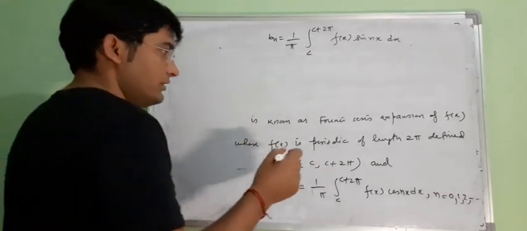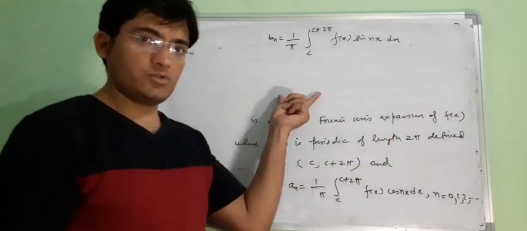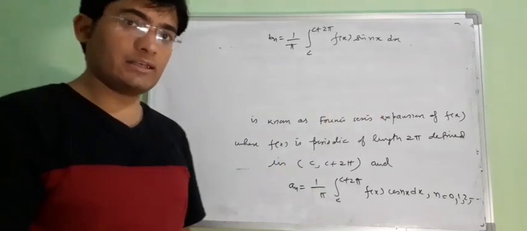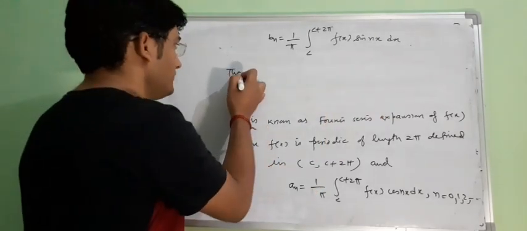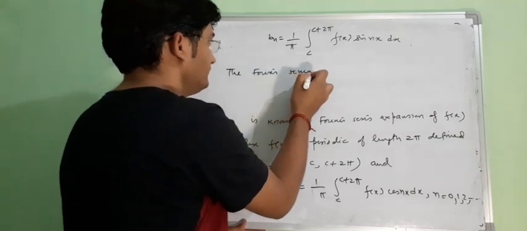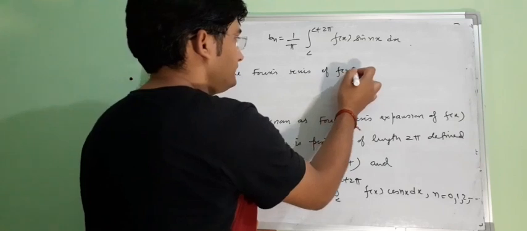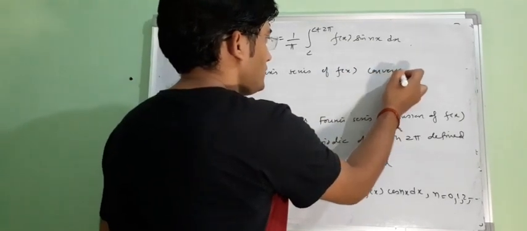So these are known as the Euler formulae and can be calculated very easily. Please note that the trigonometric expansion a0 by 2 plus an cos nx plus bn sin nx, the Fourier series of f(x), converges to f(x).